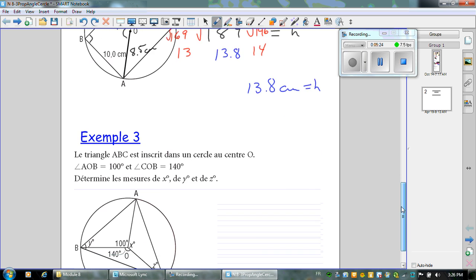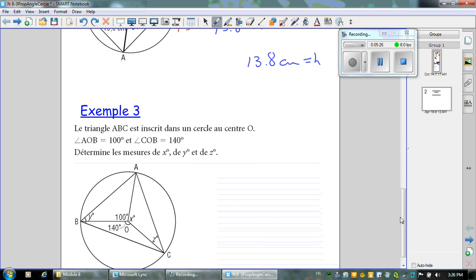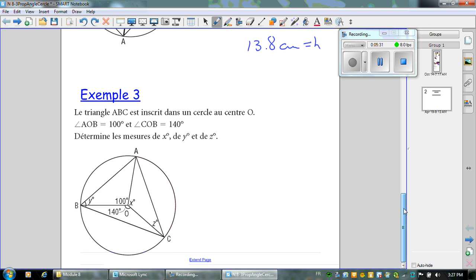Let's do a final example here. So this one here, you're looking to find x, y, and z. So let's start off with y. So y, here I have a triangle that is isosceles because that's the radius, that's the radius, that's the radius. So this angle is equal to that angle.